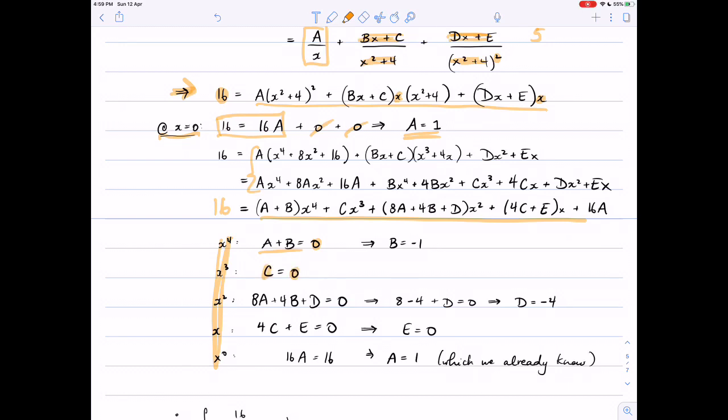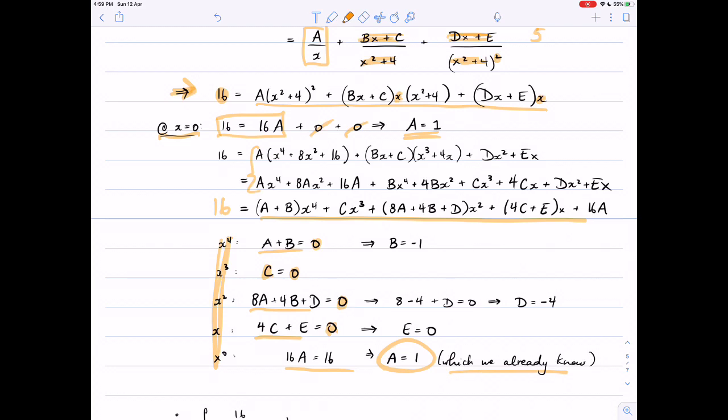On the right, it's C. The coefficient of x squared is 0. On the right, it's 8A plus 4B plus D. On the left, the coefficient of x is 0. On the right, it's 4C plus E. And the last one, 16A is 16, which incidentally gives us A equals 1, which we already knew.